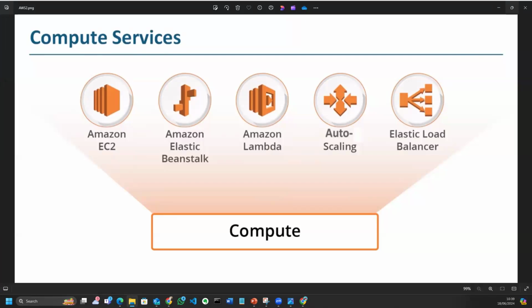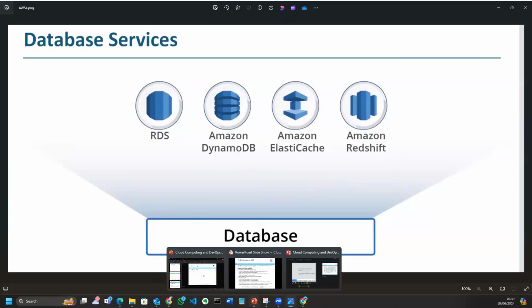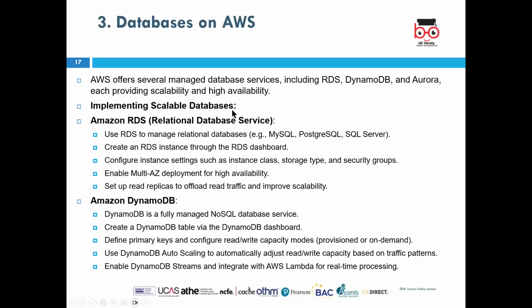So let me get up number 4. We now spoke about storage, and then we have databases. So we have RDS, Amazon DynamoDB, Amazon ElastiCache, and Amazon Redshift. In our presentation, we have Amazon RDS, which was included in the image.